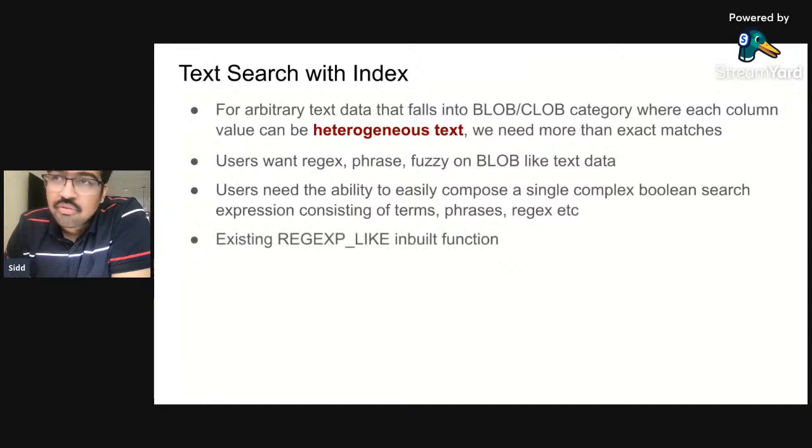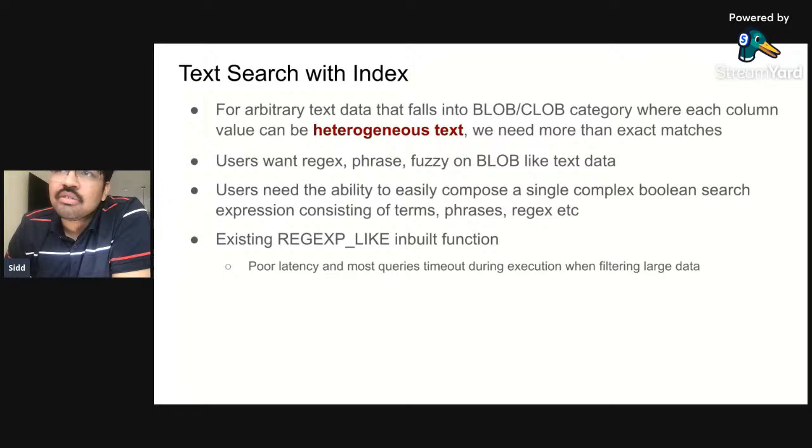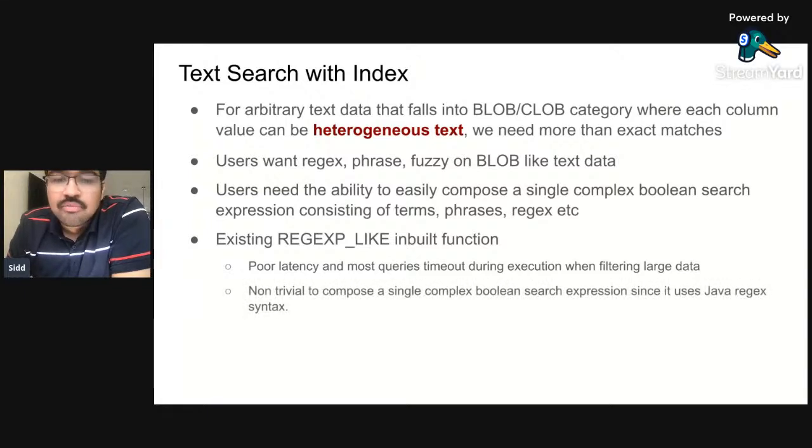The problem with the existing regexp_like inbuilt function is that on a very large volume of data, if you do not have additional filters on other columns to prune the search space, regexp_like will pretty much end up scanning the entire table. What we observed is that most queries will time out during execution when filtering large amounts of data. And then the requirement that I mentioned in the third bullet point.